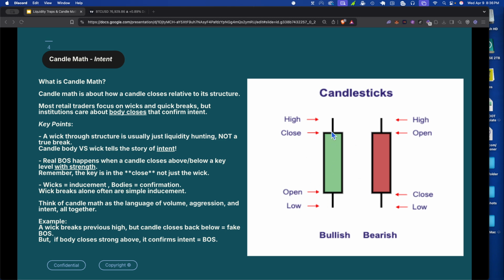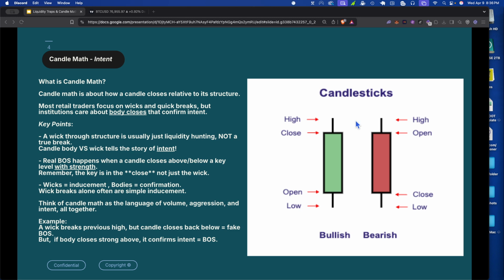If this was 1 minute, at 00 seconds the candle opens here. Somewhere between 0 and 60, the candle has gone down and it's gone up, and at 60 seconds, which is the 1 minute, it closes here. Pretty straightforward. And vice versa for a bearish candle: it opens here, somewhere in the 60 seconds it's gone up, it's gone down, and eventually closes here.